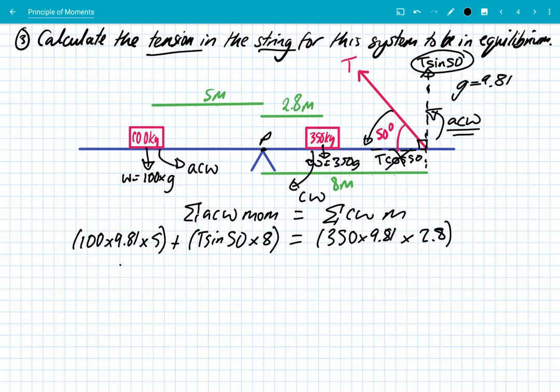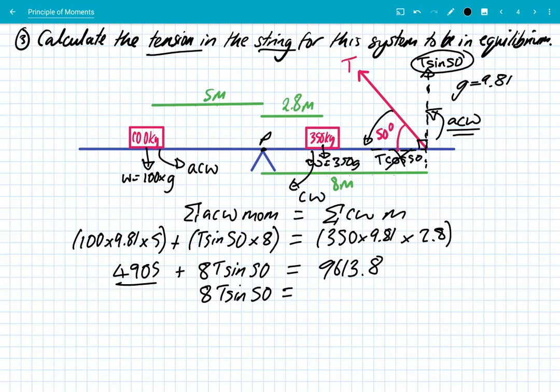And on this side, we get left with 4,905 plus 8T sin 50 is equal to 9613.8. So we've got to take this to the other side and we get left with 8T sin 50 is equal to 4708. Therefore, the tension is equal to 4708 divided by brackets 8 sin 50.